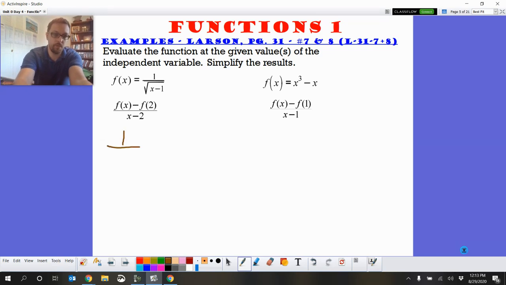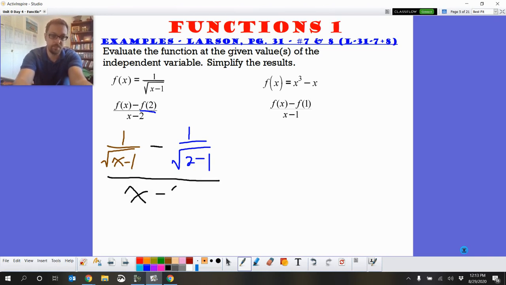It's 1 over the square root of x minus 1. Then there's a minus, and then it wants us to do this f of 2. So we're going to put a 2 in for x, and copy everything else: 1 over the square root of 2 minus 1. And then that whole thing is over just a regular old x minus 2.